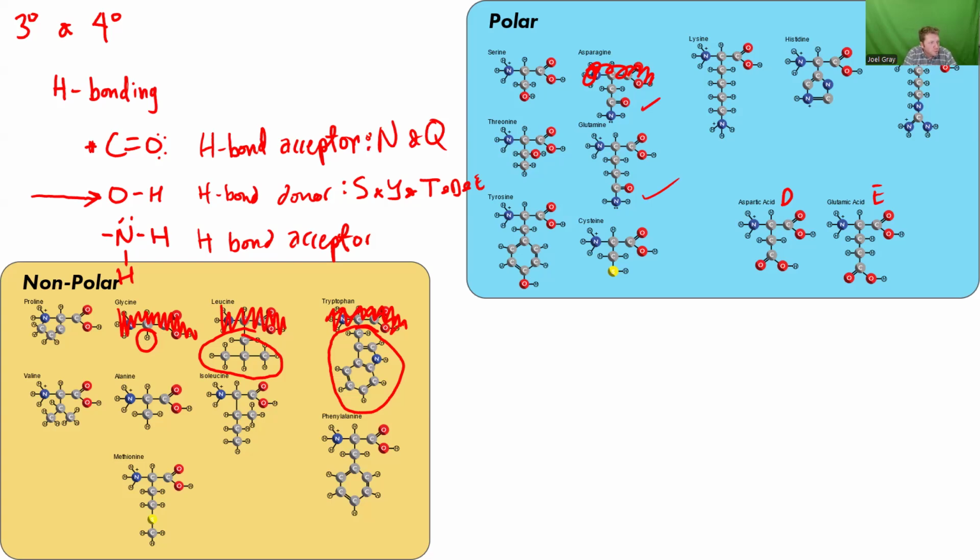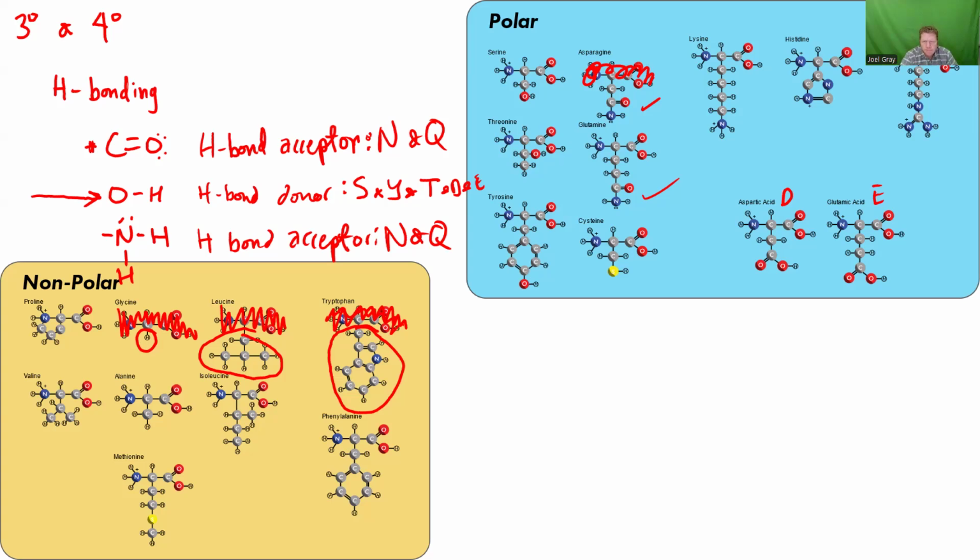Now, for a hydrogen bond acceptor, something with a nitrogen on it, well, again, N and Q. Okay, so those are good candidates for hydrogen bonding.